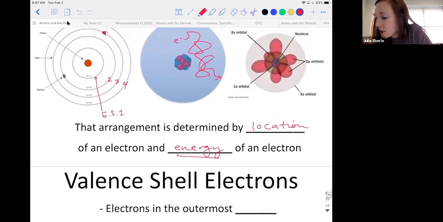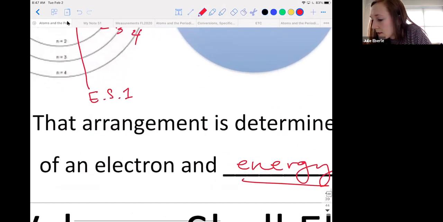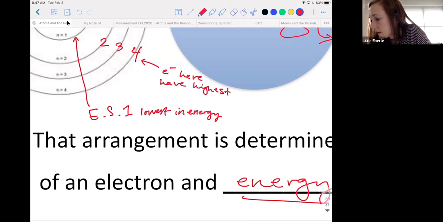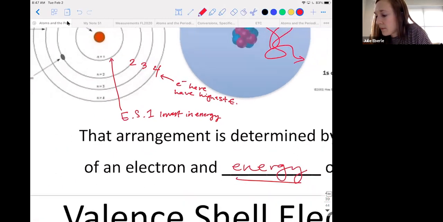Energy shell number 1 is the lowest in energy. Electrons found on energy shell number 4 have the highest energy. We call them energy shells because electrons on different shells have different amounts of energy.